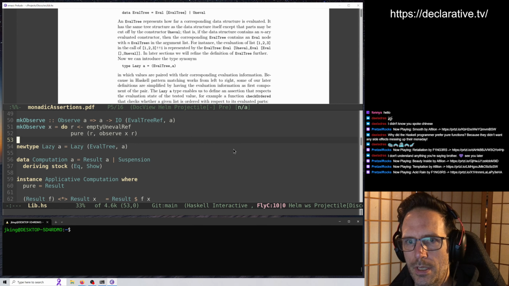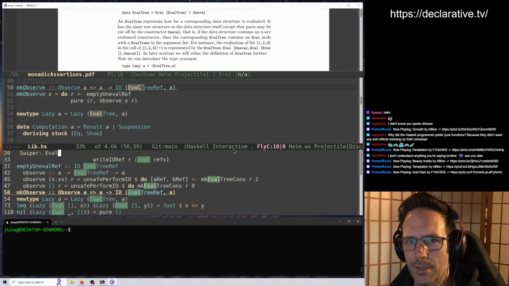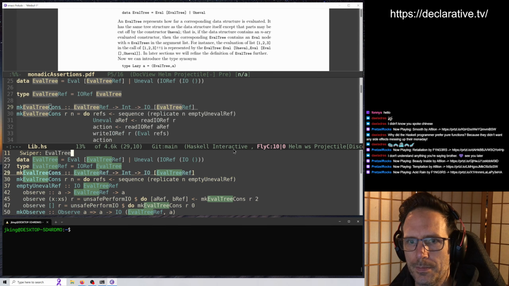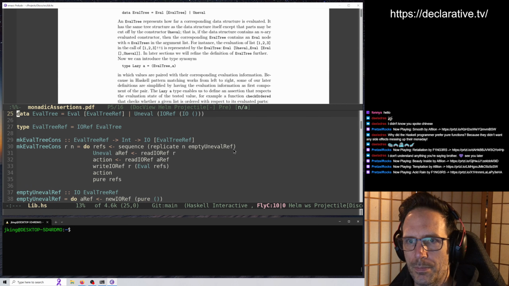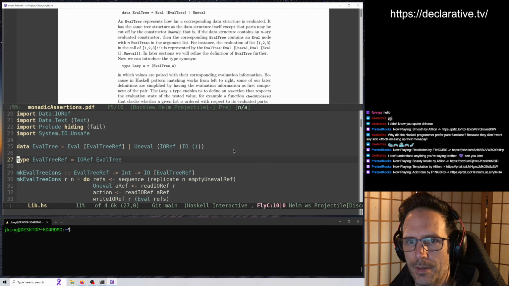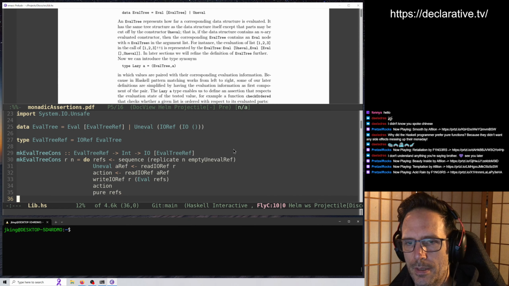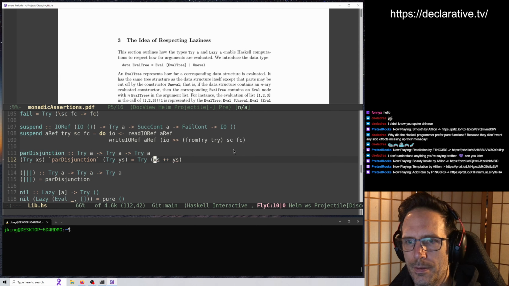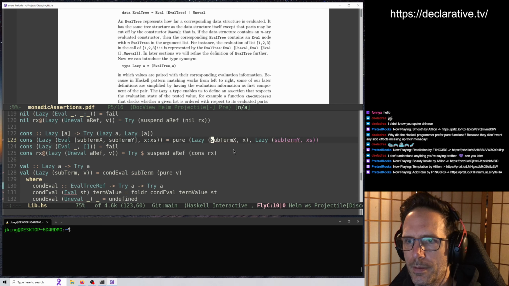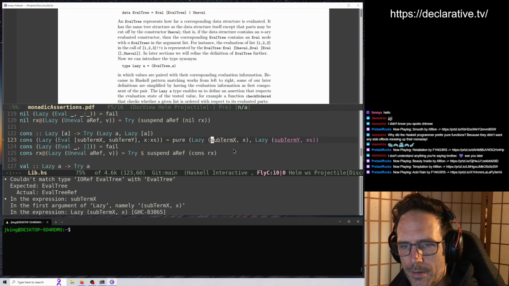So the eval tree there should be filled with eval tree refs and non-eval tree refs.